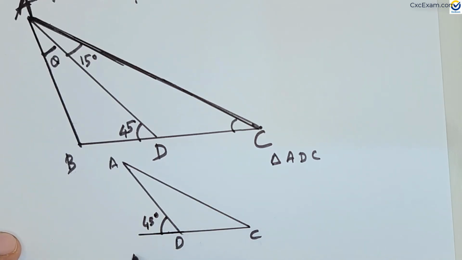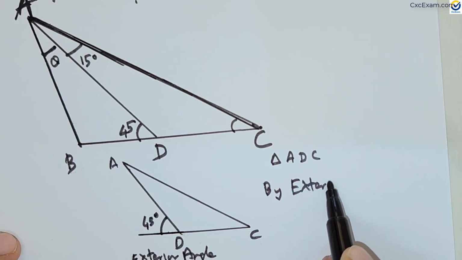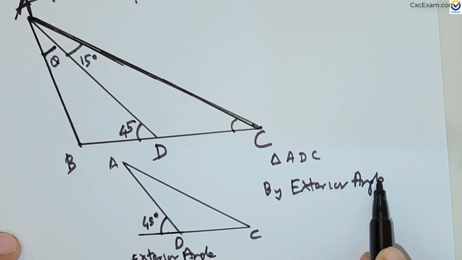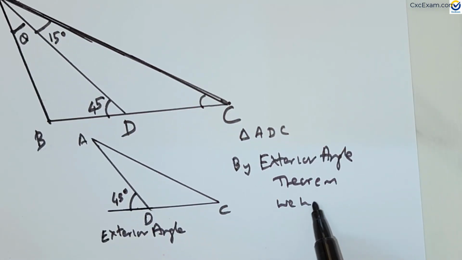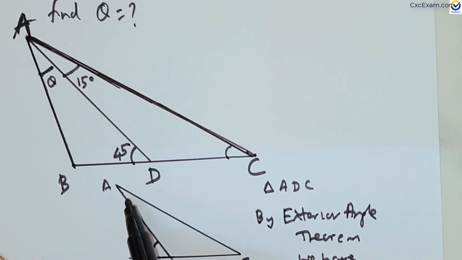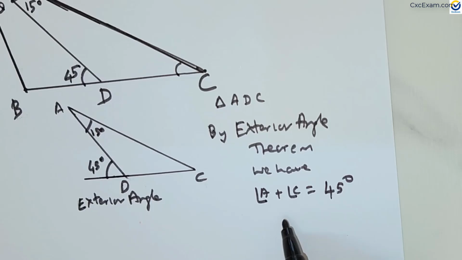This is called the exterior angle. By exterior angle theorem, angle A plus angle C will be equal to 45 degrees.